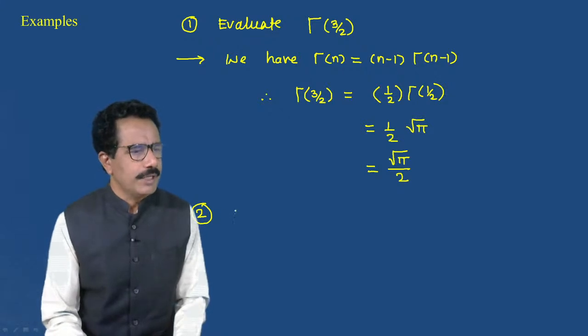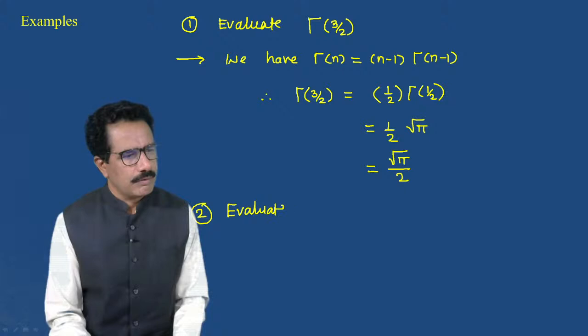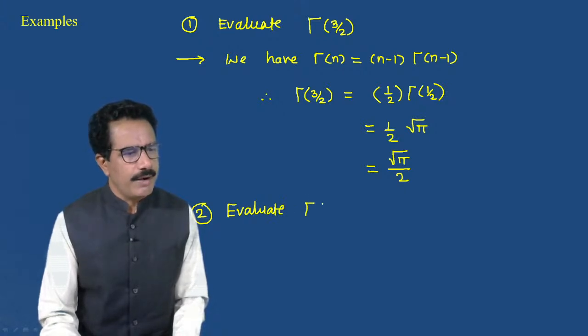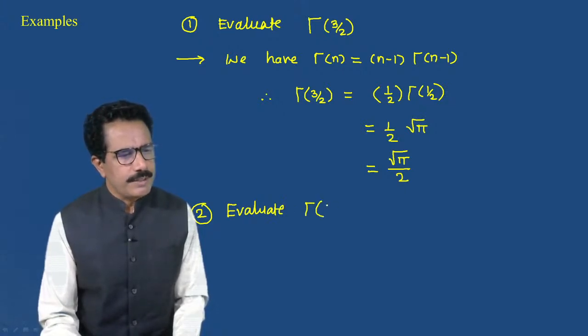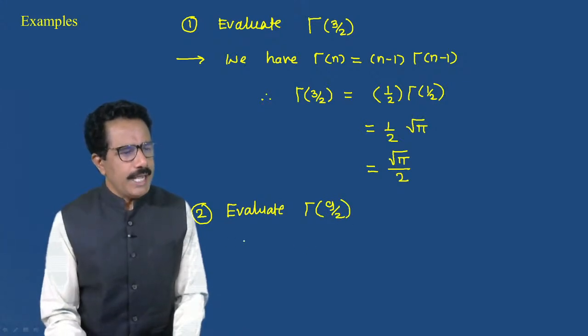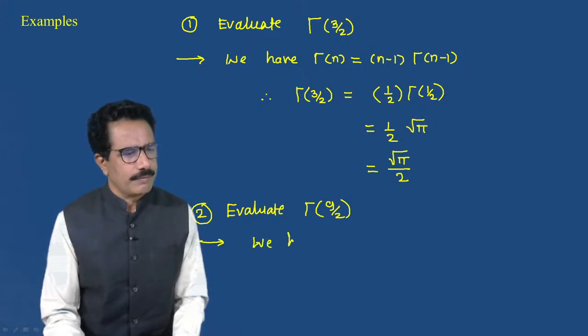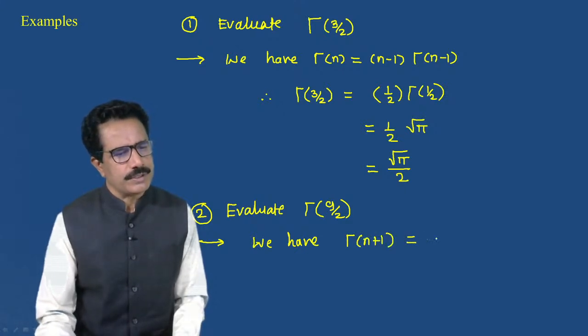Now evaluate gamma of, suppose, 9 by 2. Again we use the formula gamma n plus 1 equals n gamma n.